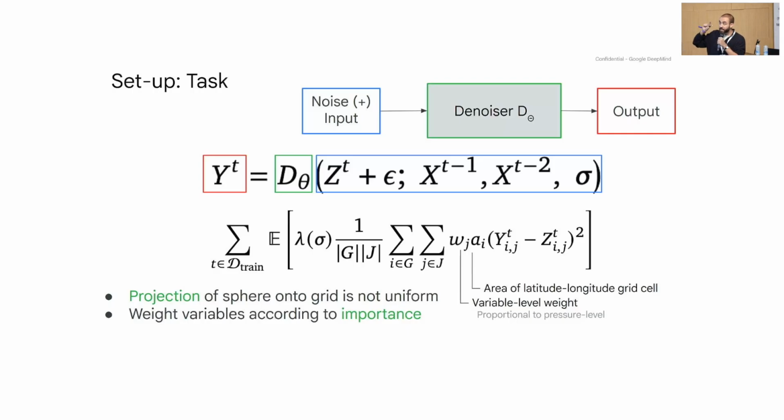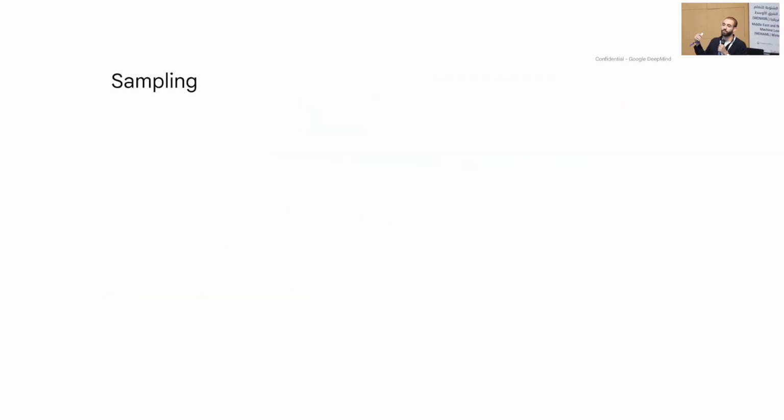What we do is we take into account the fact that not every square of my grid is equal, and so I'm going to weight that. And then the second thing we weight is the variables. Importantly, some variables are more important than others, so probably you guys here in Qatar care more about the temperature than anything else. And some variables are harder to predict than others.